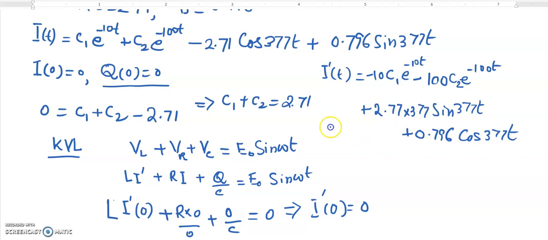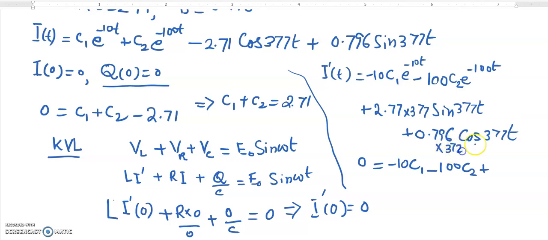So here I apply these values. I prime of 0 now is 0, and then this term will be minus 10 C1, and the second term will be minus 100 C2, and this term will be 0, and then this term will be 0.796 times 377.